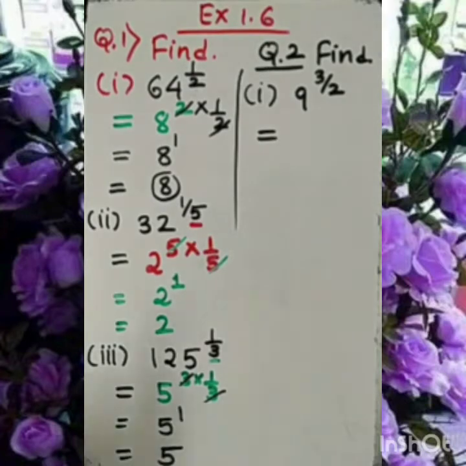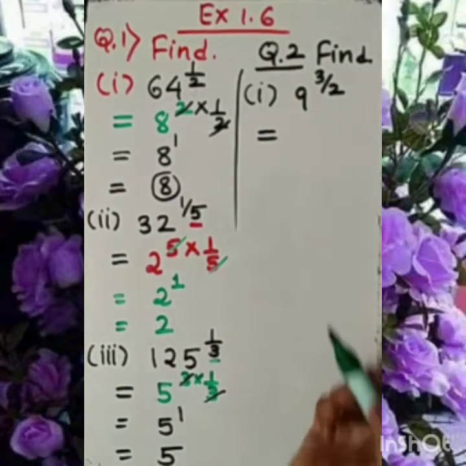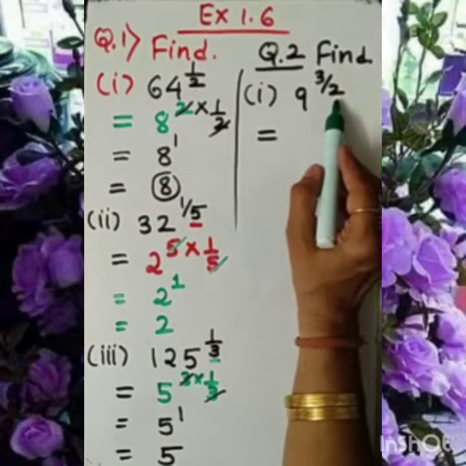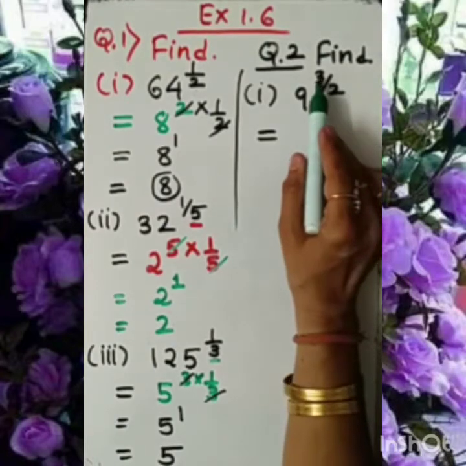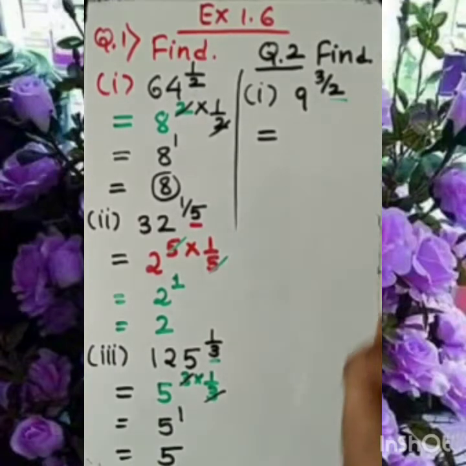Now, just be a keen observer. Why am I asking you to be a keen observer? Think first and then start doing. 9 to the power 3 by 2. Now, as we are given a fractional number here, only focus on the denominator. No need to go with the numerator, just focus on the denominator, as we have 2 here in the denominator. Clear?